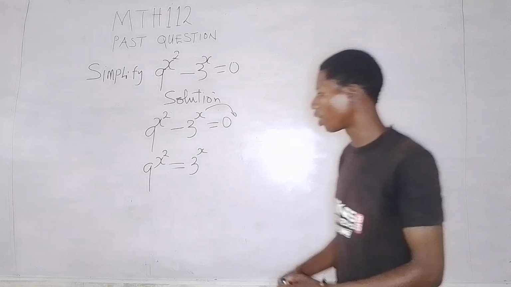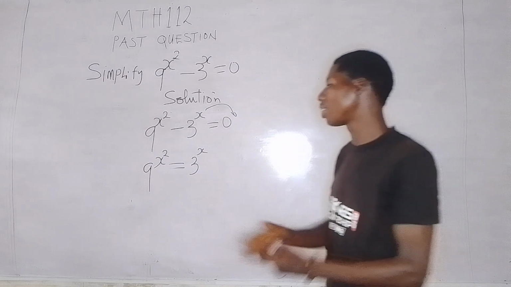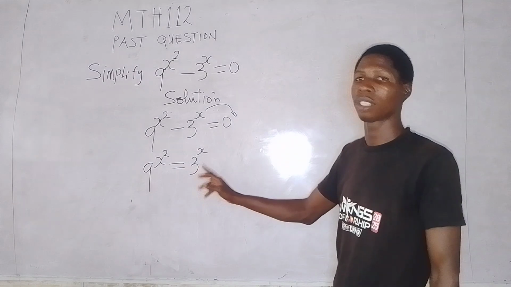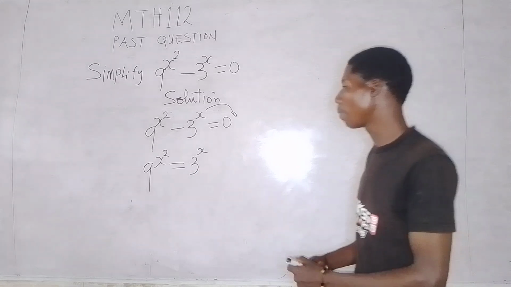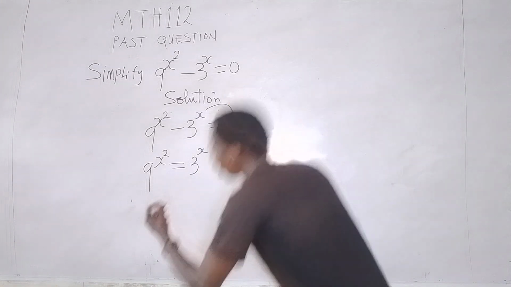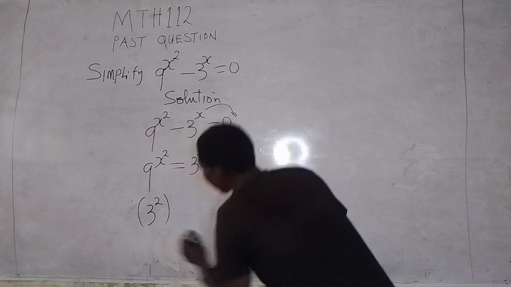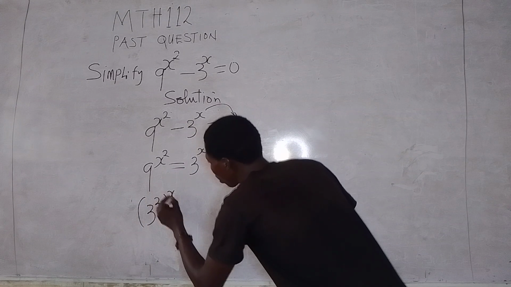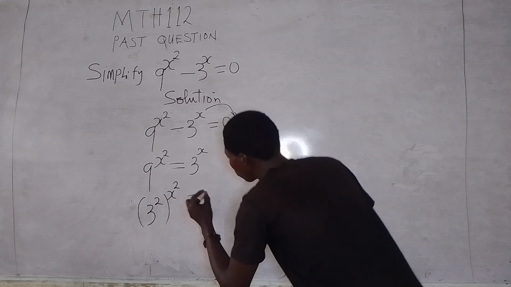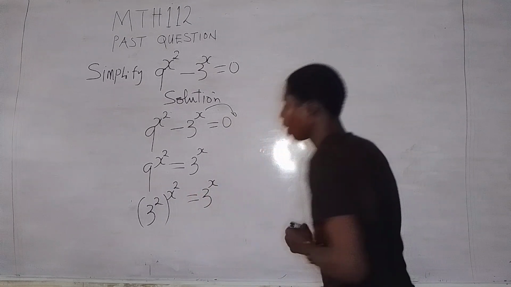Now let's simplify further. We are going to write this 9 to have the same base as 3. Now to write this, we can have 3 squared in brackets, raised to x squared, equal to 3 raised to x.